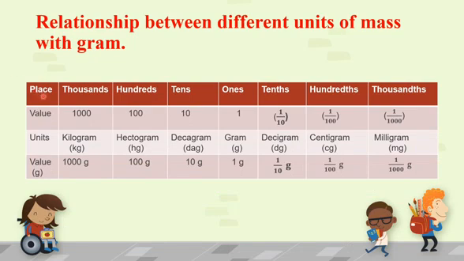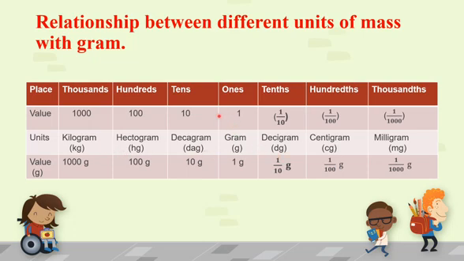This table is going to be of great help to understand the different units of mass and their relationship with gram, because gram is the standard unit, that is supposed to be your base unit of mass, and keeping that as your base unit, you are going to make your place value chart for measures of mass.